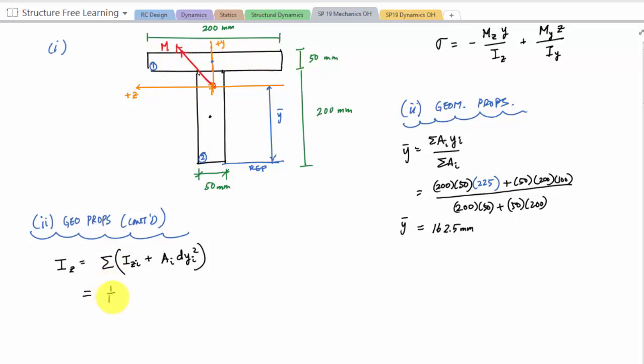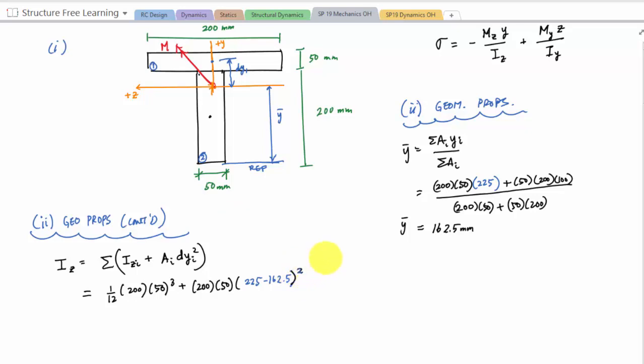That would be 1/12 times 200 times 50 cubed, plus the area, which is 200 times 50, times dy squared. dy1 is the distance from the center of the element to the neutral axis, which is just 225 minus 162.5. We want to make sure that we remember to square that quantity.